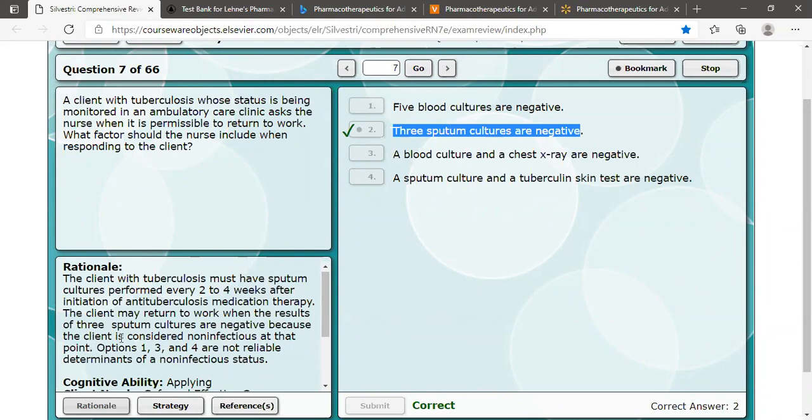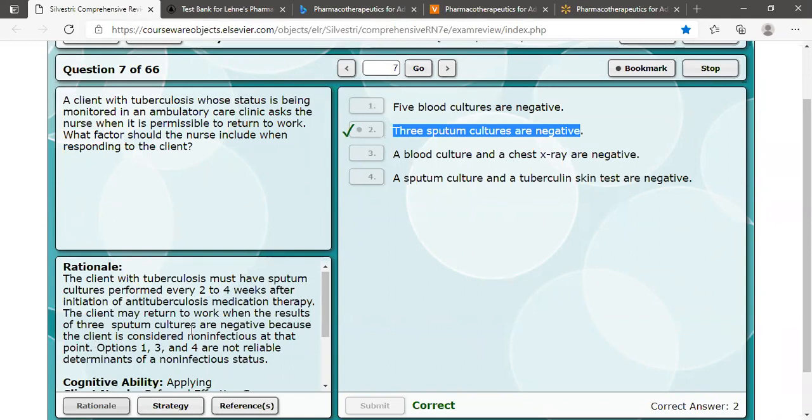So basically, the TB patient we diagnose first by chest X-ray or sputum for AFB or PPD, right?